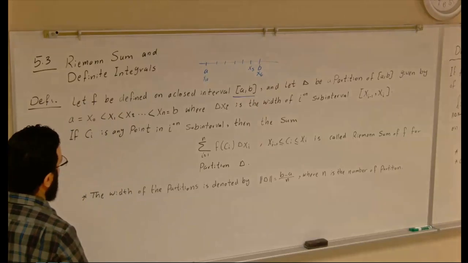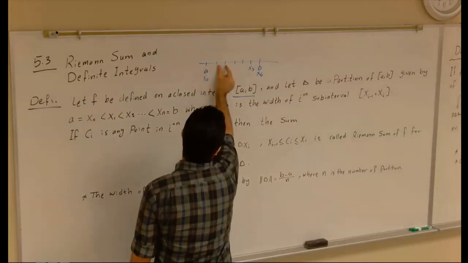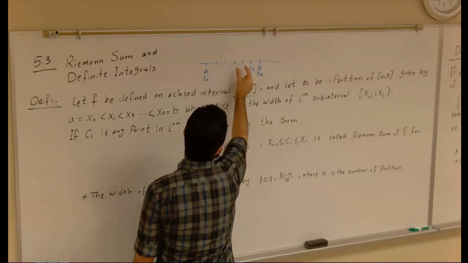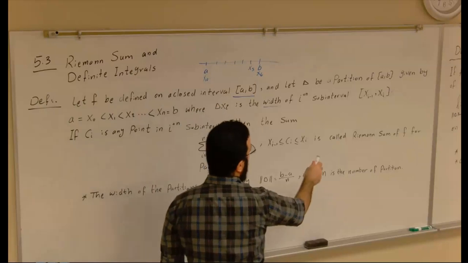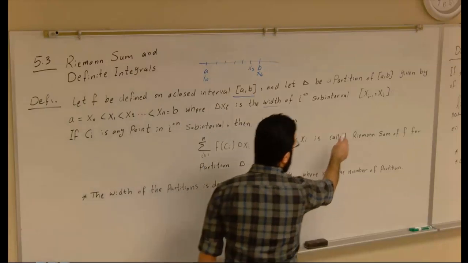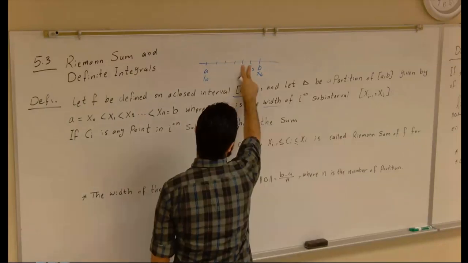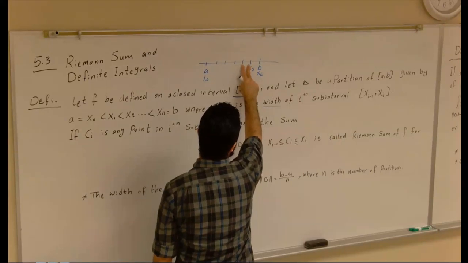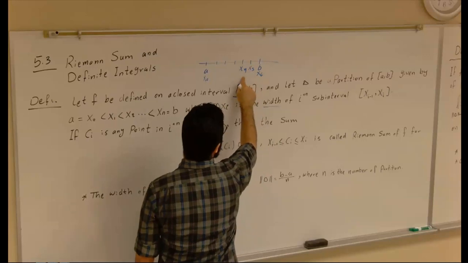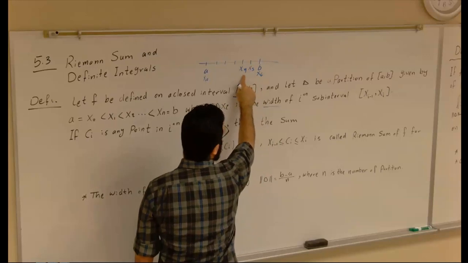So delta xi here is the first width. Here is the second one, the third one. This is the width of the subinterval between x(i-1) and xi. That means here is the subinterval, so this is the width. Here is a width, because here is x4 and x5.